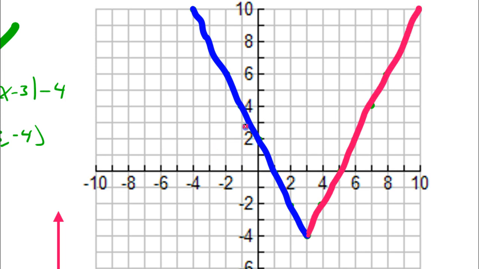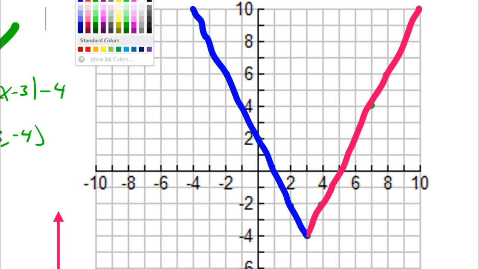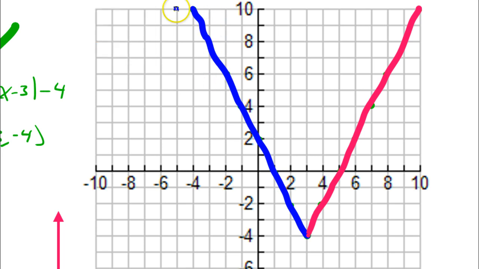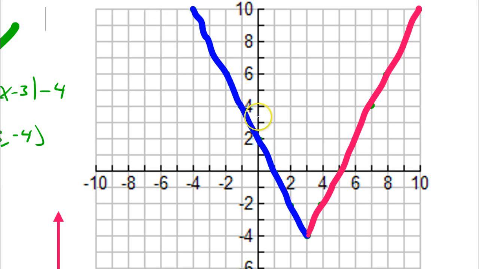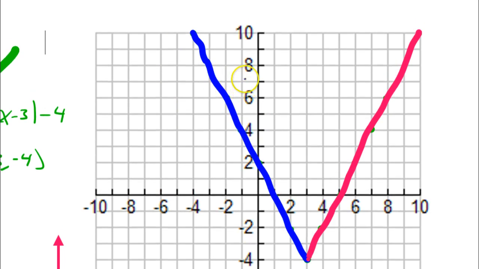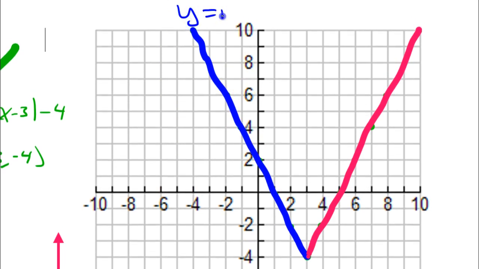All right, so when I write my equation, I'm going to write an equation for the blue and an equation for the pink. Now remember, these are both lines. So you should be thinking y equals mx plus b. We need the slope and we need the y-intercept.